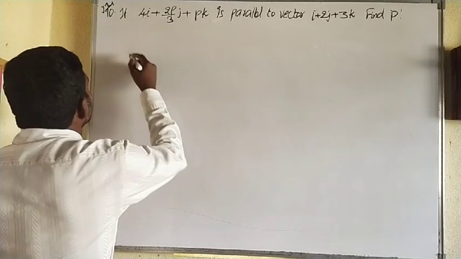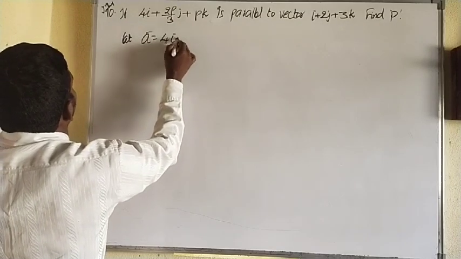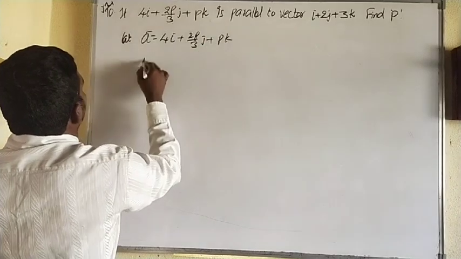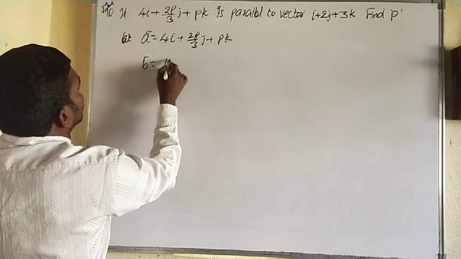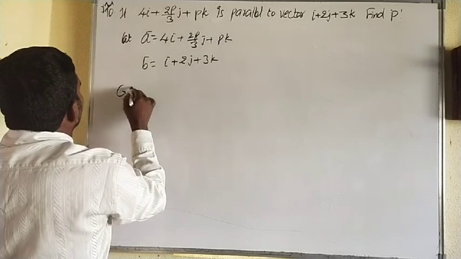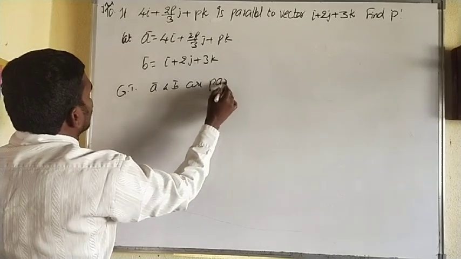So let a bar equal to 4i plus 2p by 3 j plus pk and b bar be i plus 2j plus 3k, and given that a bar and b bar are parallel.